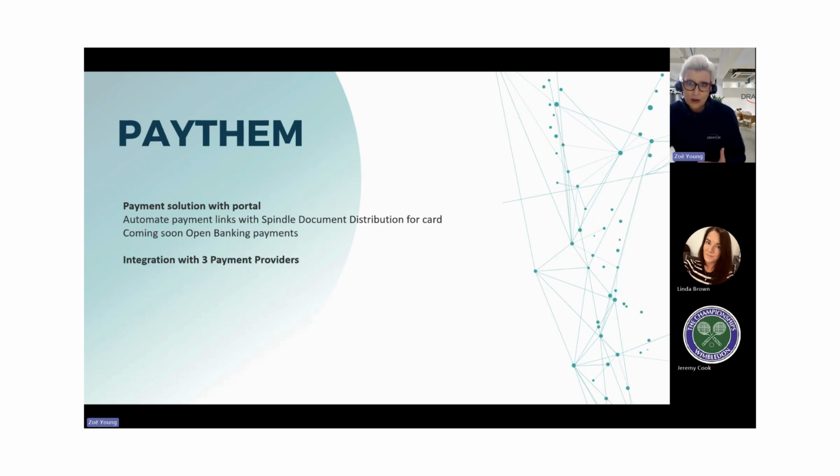Because Draycir ourselves are not a bank, we rely on a payment provider in order to take the money. So we've partnered with 3 different payment providers for that to happen, which are Elavon, who were formerly Sage Pay, Stripe, and also Draycir Pay, which is powered by Total Processing.